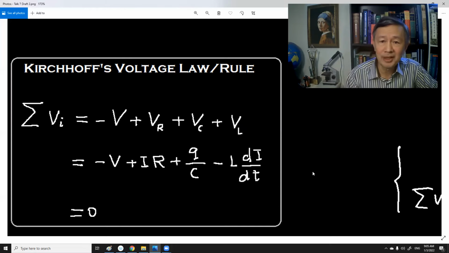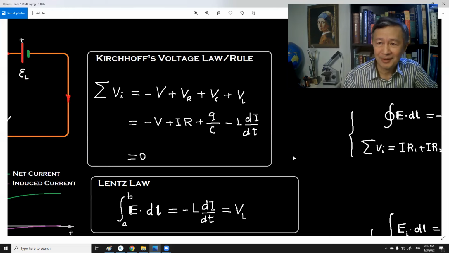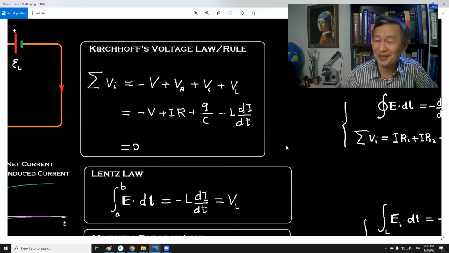You can apply Kirchhoff's voltage law in any loop you choose, whether it's DC or AC. There's nothing wrong with Kirchhoff's voltage law. What is wrong is that he didn't visualize the existing power supply in the presence of induction.